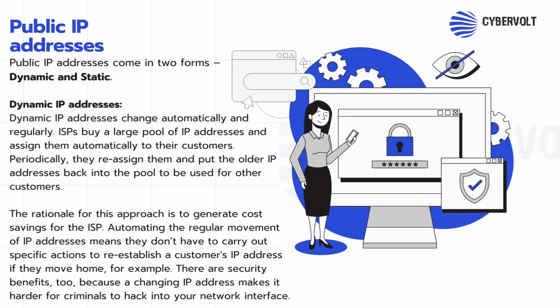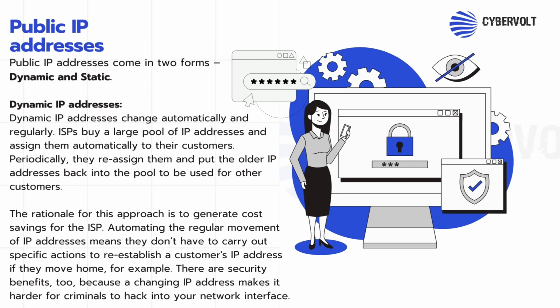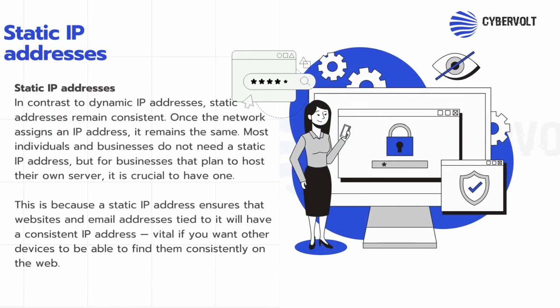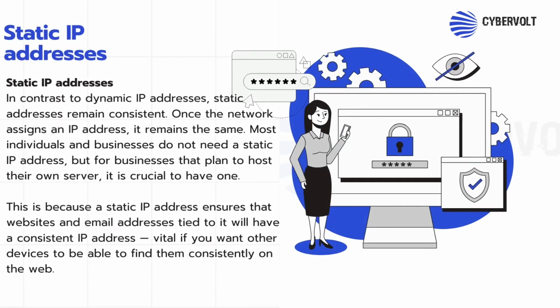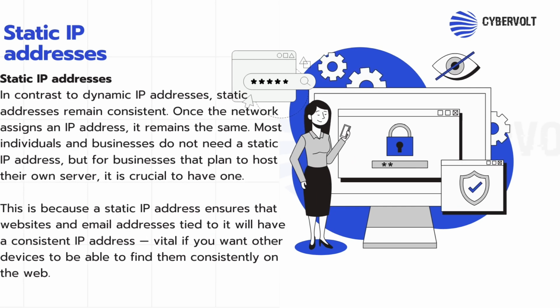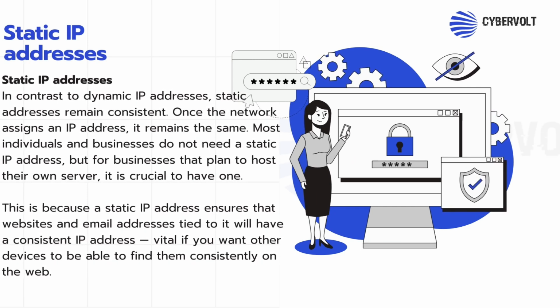Automating the regular movement of IP addresses means they don't have to carry out specific actions to re-establish a customer's IP address if they move home, for example. There are security benefits, too, because a changing IP address makes it harder for criminals to hack into your network interface.